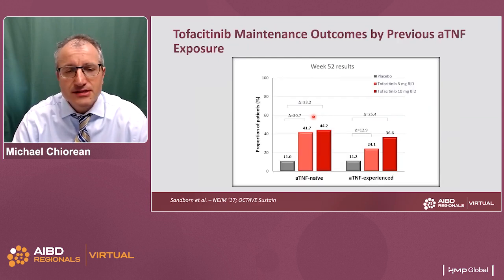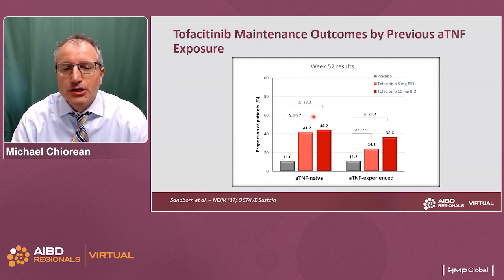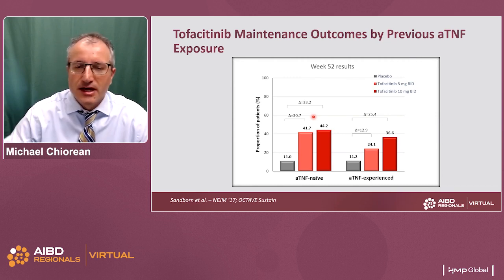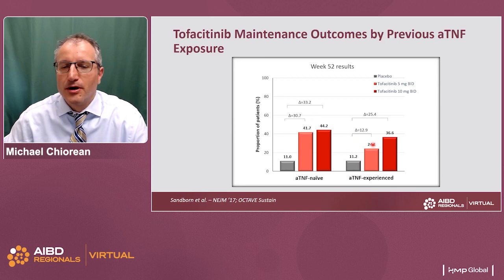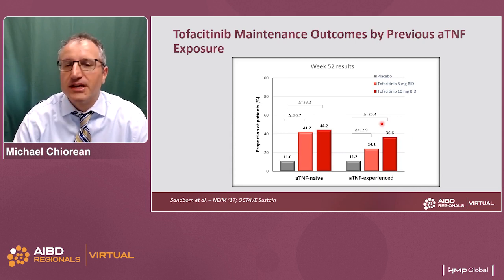As far as the maintenance data is concerned, things are a little bit different. Here you see no difference between the 5 and 10 milligram dose all the way to week 52 among patients who are bio-naive, but a very nice dose response among patients who are anti-TNF experienced, suggesting that patients who have failed a TNF agent may require a higher dose of Tofacitinib for maintenance, such as 10 milligrams twice daily, compared to patients who are bio-naive.